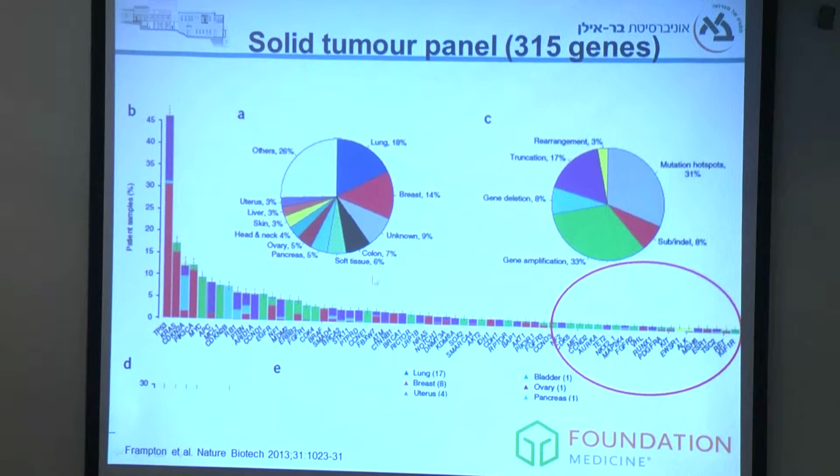And most of the new mutations that we found were actually exponentially rare. And this makes the medical management of cases based on these cumulatively rare incidents more and more difficult.